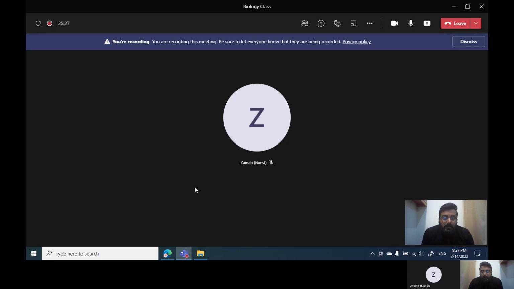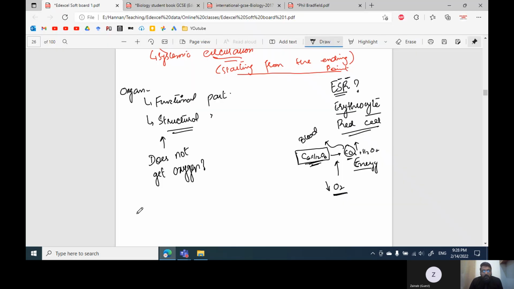Cells would start dying, and you can feel that there is a problem known as heart failure. The name of this disease is myocardial infarction. Myocardial infarction.